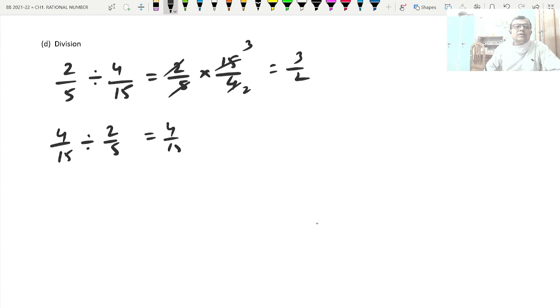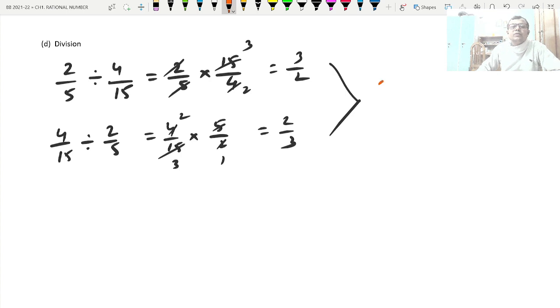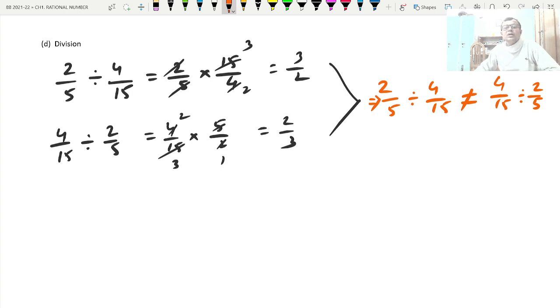In reverse, 4 by 15 into 5 by 2 cancels to 2 by 3. Are they same? No. So 2 by 5 divided by 4 by 15 is not equal to 4 by 15 divided by 2 by 5.